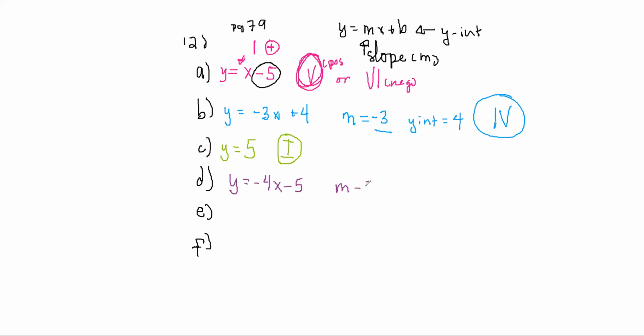So m is -4, and the y-intercept is -5. Both of these are negative. There we can go back up to here where we know we have the negative slope, negative y-intercept. So this is going to be 6.